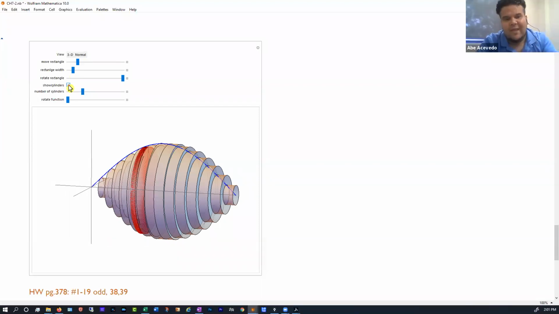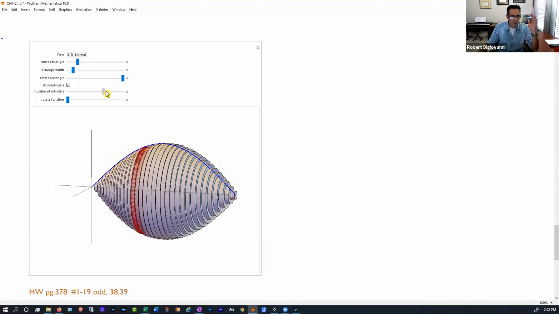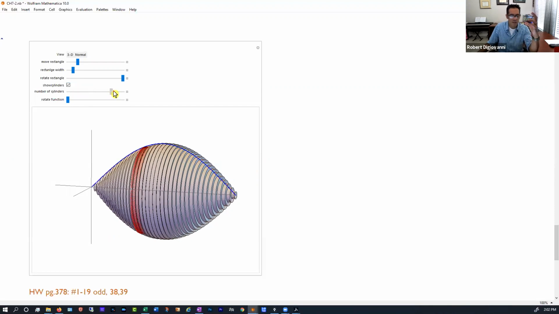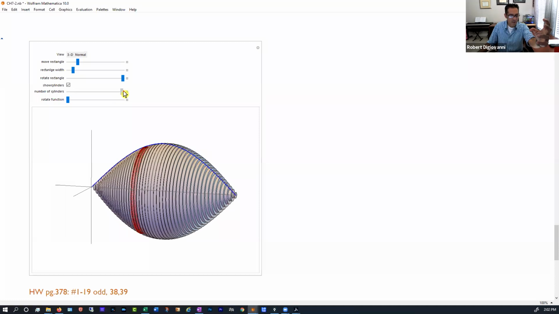Depending on the function, it's the silhouette we're going to get once we rotate it. It's going to change everything. It depends on the function. So if I do more and more cylinders and let the number of these go to infinity, then you actually get the solid.